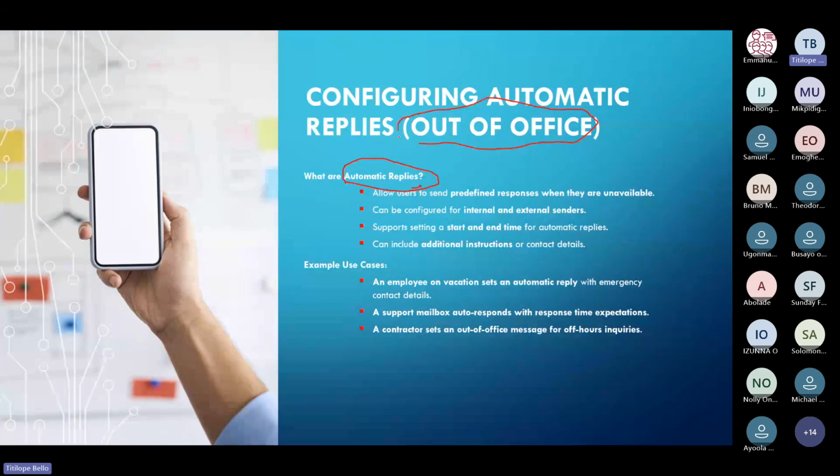Once a customer sends an email, it can say, oh, I'm away, I'll be back on a certain day, right? But if it is urgent and you cannot wait for me to be back, please reach out to someone else. Okay. Now that's another case of setting automatic replies on the user's mailbox.